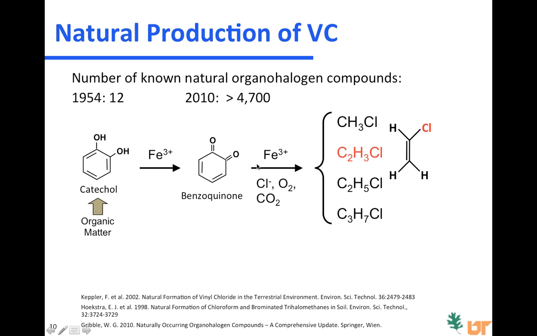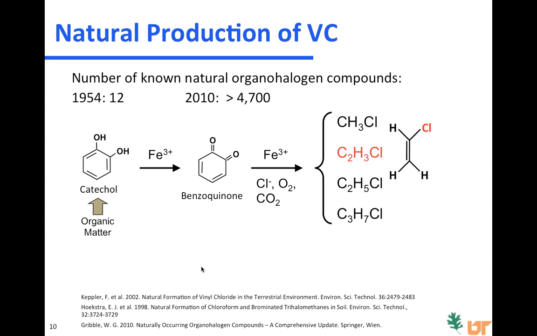And in the presence of iron, chloride, oxygen, CO2, you can abiotically generate halogenated C1 and C2 and C3 compounds, including vinyl chloride. And this has been demonstrated by a number of people. So this is a possible pathway for generation of vinyl chloride naturally, so not an anthropogenic source.